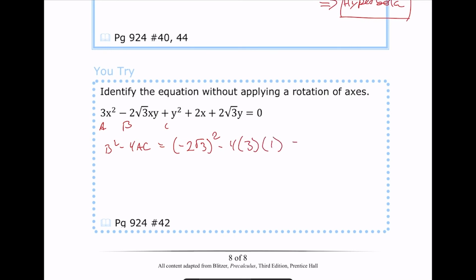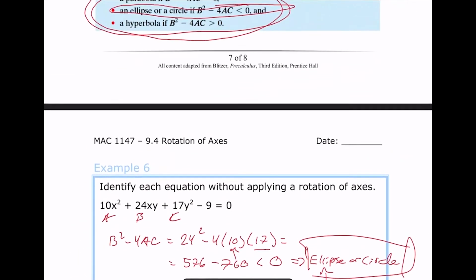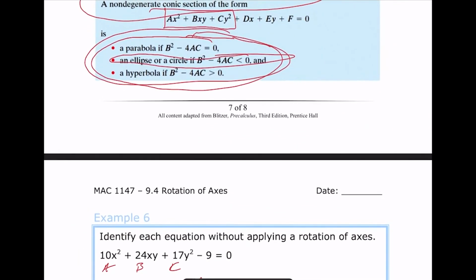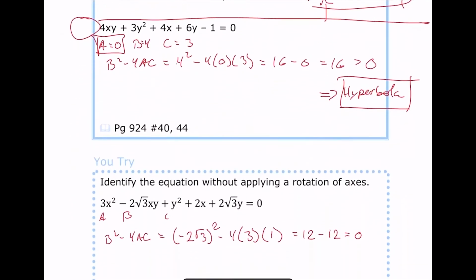Root 3 times root 3 makes 3. Negative 2 times negative 2 makes positive 4. 4 times 3 makes 12. 12 minus 12 equals 0. If it's equal to 0, then it's a parabola. Should have seen that coming.